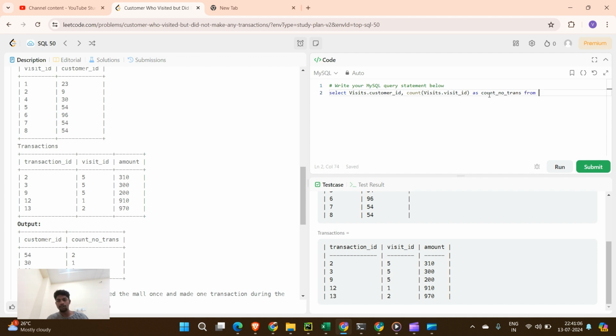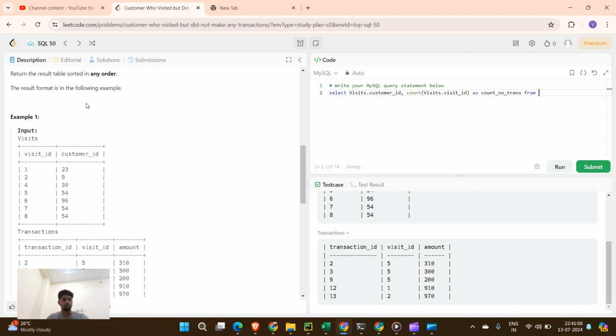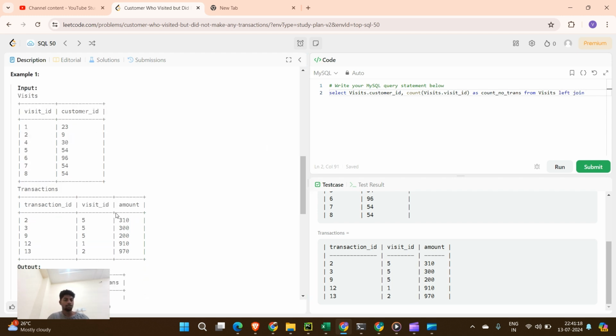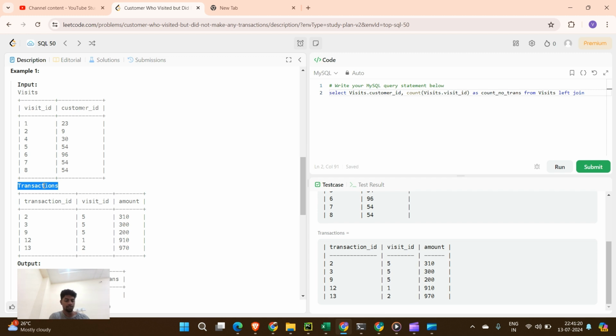From this table, a left join on the transactions table. On what condition? Visits dot visit ID equal to transactions dot visit ID.